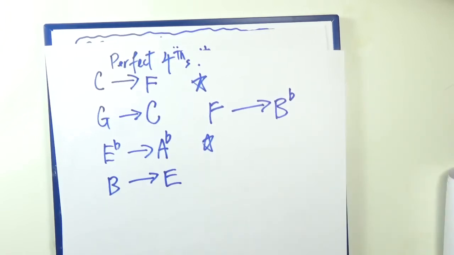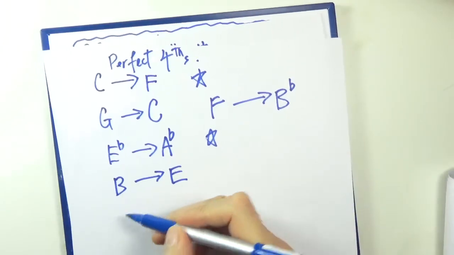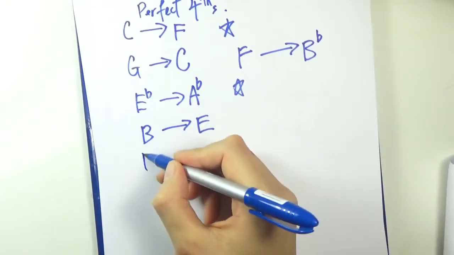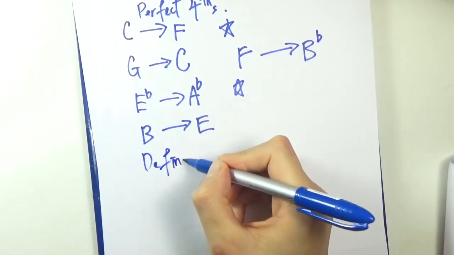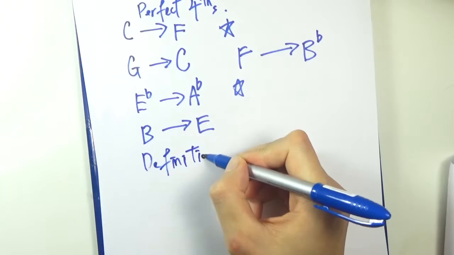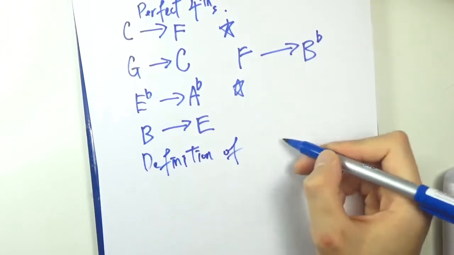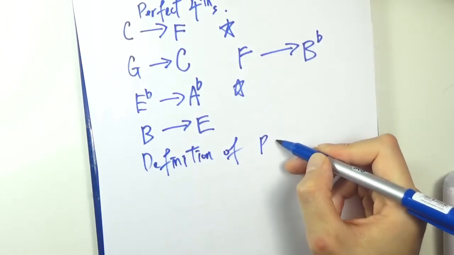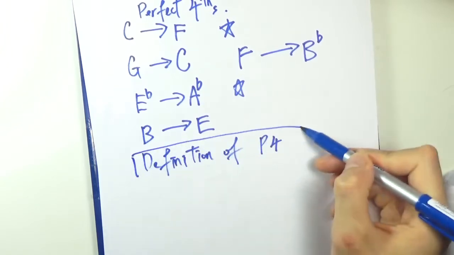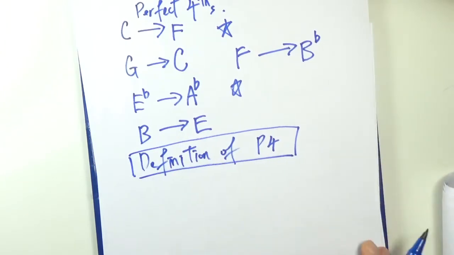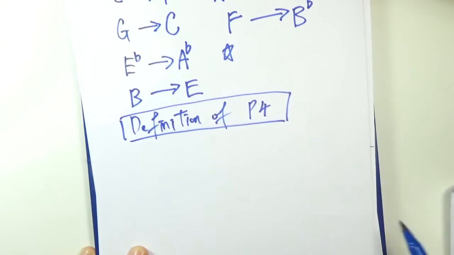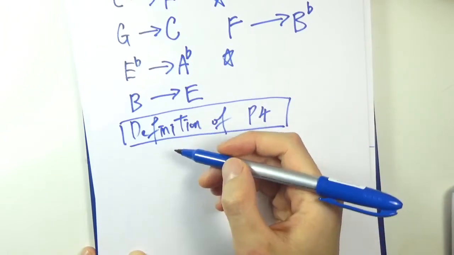So here, it's a good time that we talk about the definition of a perfect fourth. So by definition, it's actually 2.5 step.